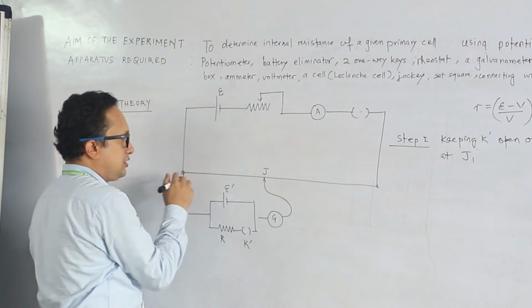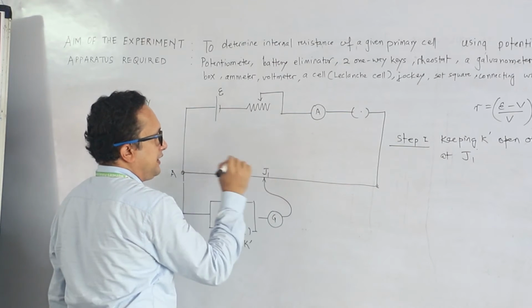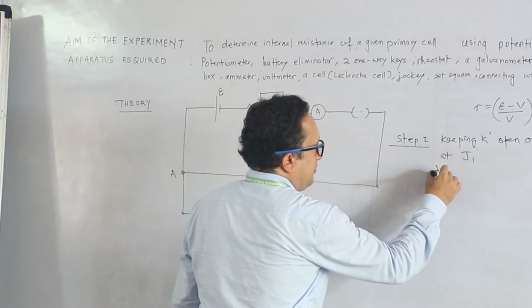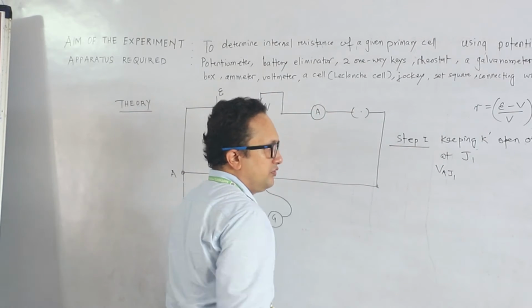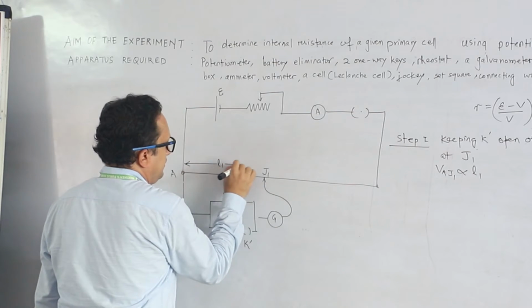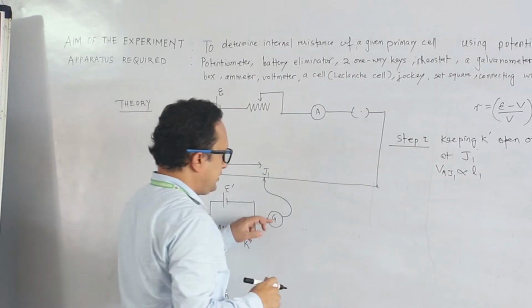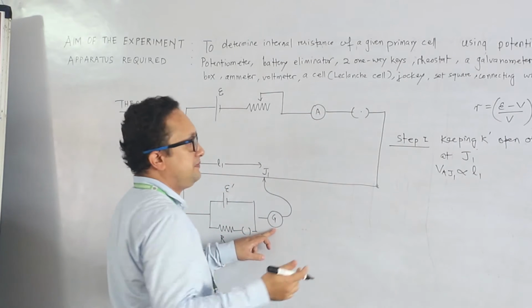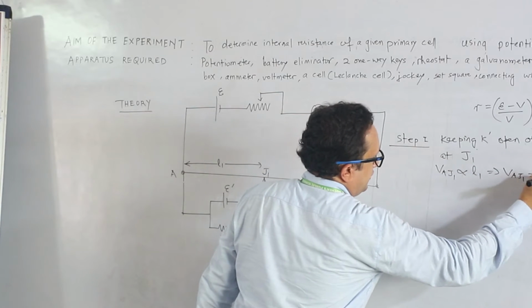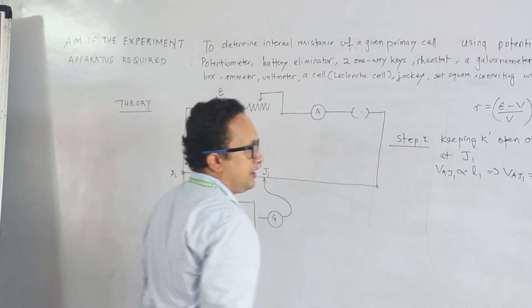Then you slide the jockey and obtain the balance point at J1. Remember, the potential drop AJ1 is proportional to length L1. So L1 is the balancing length, where the galvanometer does not show any deflection. So V AJ1 will be equal to some constant K into L1. Let this be equation 1.